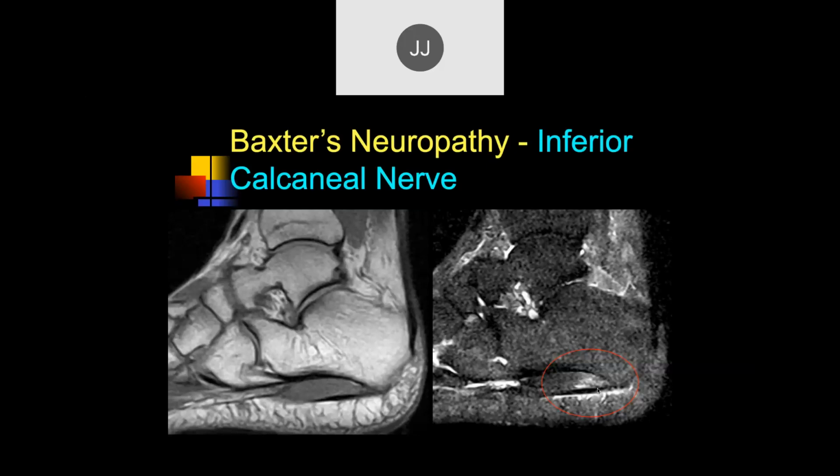And many times you don't use a tourniquet in this surgery, so you have to be extremely sure of yourself to do a Baxter's type of surgery. Okay. It's called Baxter's surgical procedure. Okay.